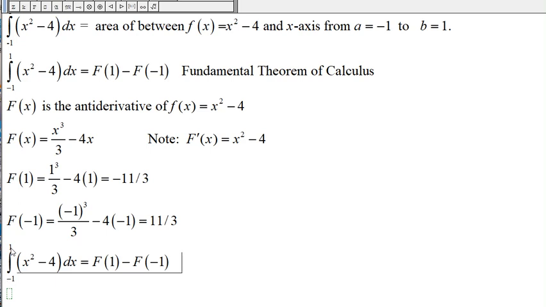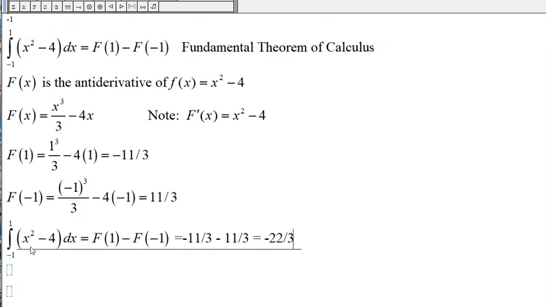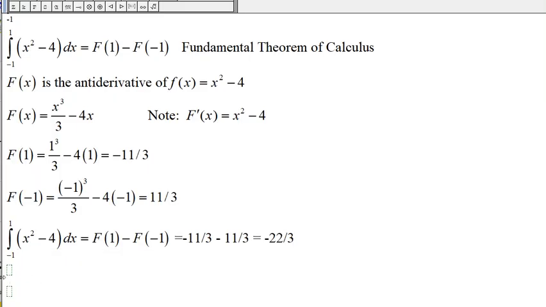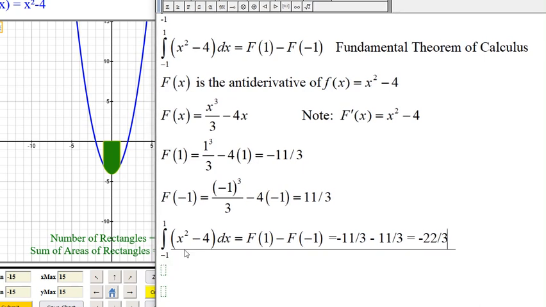So the definite integral will equal -11 thirds minus 11 thirds, which is negative 22 thirds. Again, the definite integral has a negative value if the area is below the x-axis, and a positive value if it's above the x-axis.